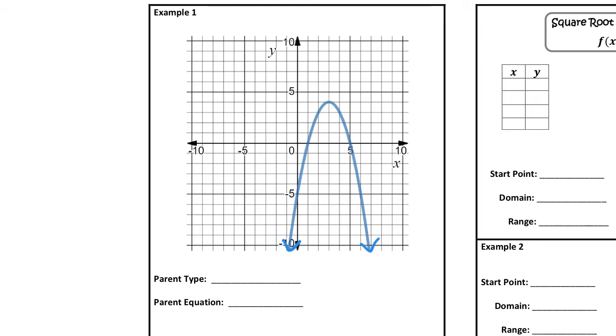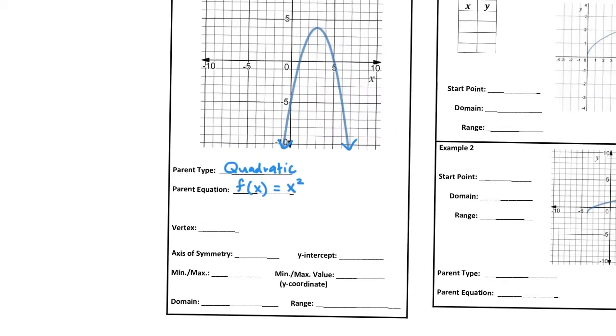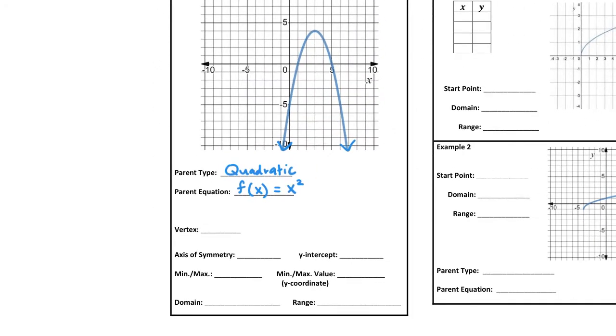The parent type, we would say it's a quadratic. The equation is f(x) = x squared. The vertex, if we're looking for the vertex, that would be right here.